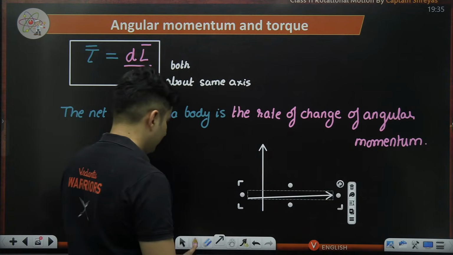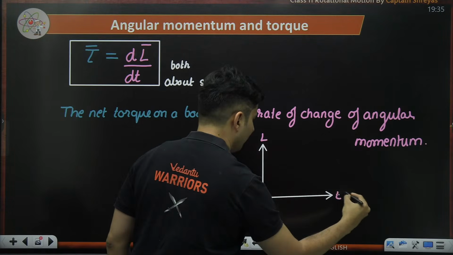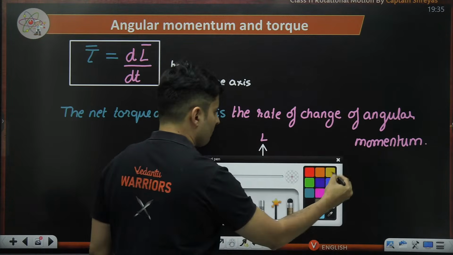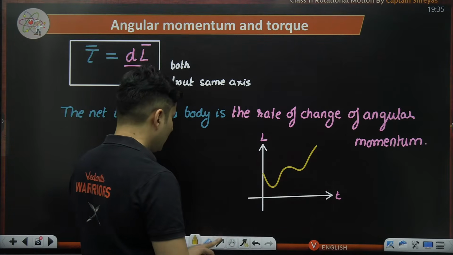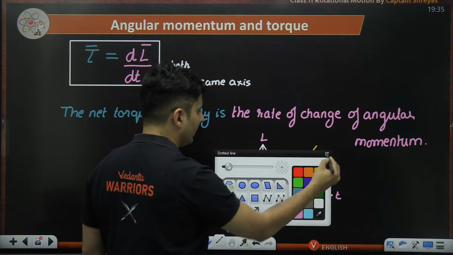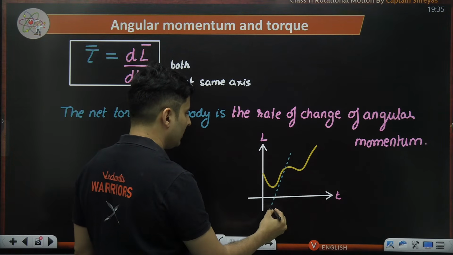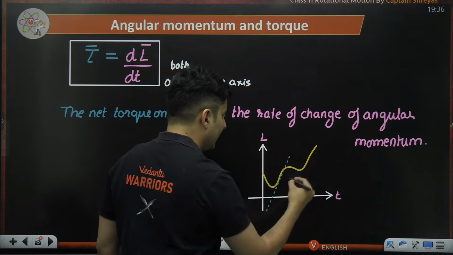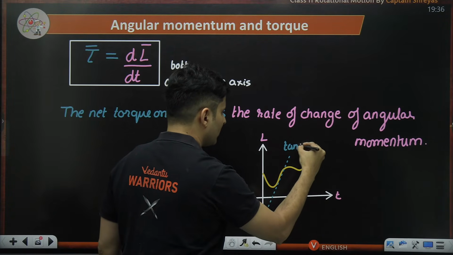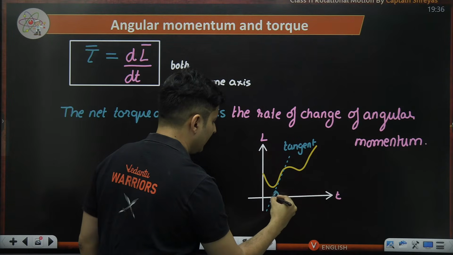Which also means if I take a graph of angular momentum versus time, and draw a tangent to that graph at any given point, it will make an angle theta with our horizontal time axis.